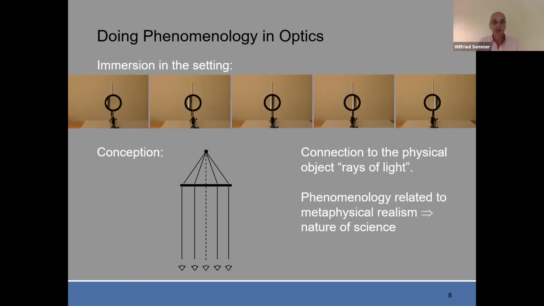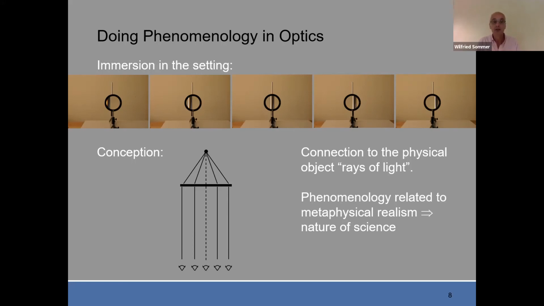And if you refer it to the ray model of light, you will realize that these geometrical lines, these geometrical operators, are imbued with meaning. They have the potential to make the world bright.